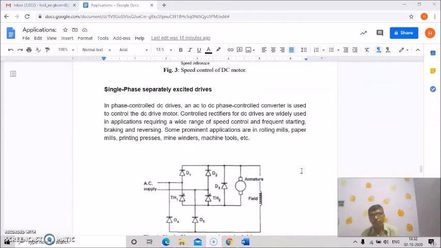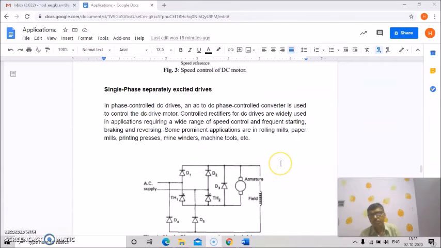Okay, and here two parts are there. One is the field, which is separately excited and supplied by this diode bridge, and the armature voltage is supplied by this semi-controlled converter. So from AC to DC, this output voltage is supplied to the armature for controlling the speed of this separately excited single phase drive.